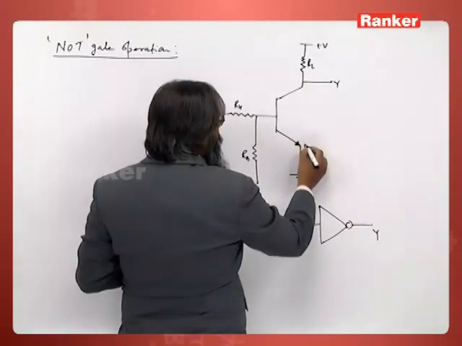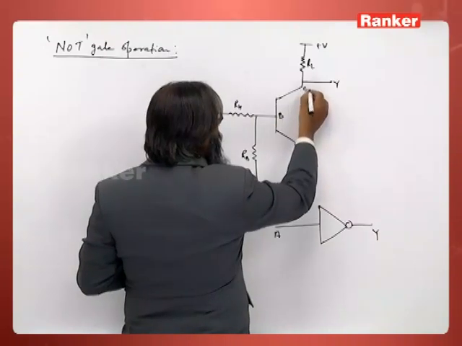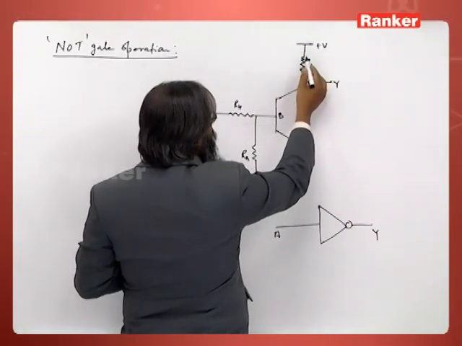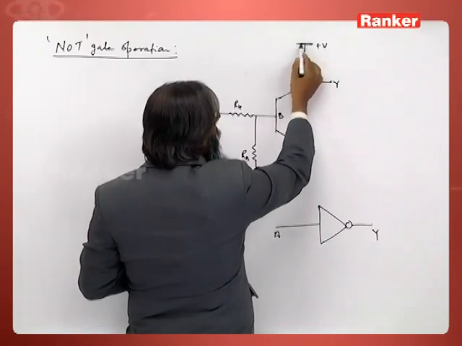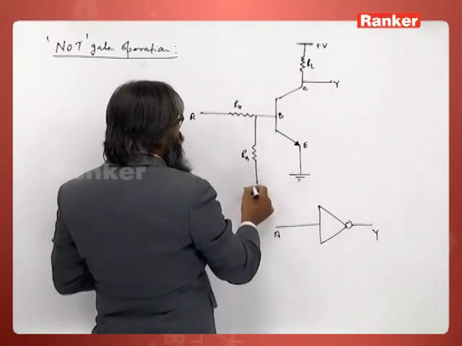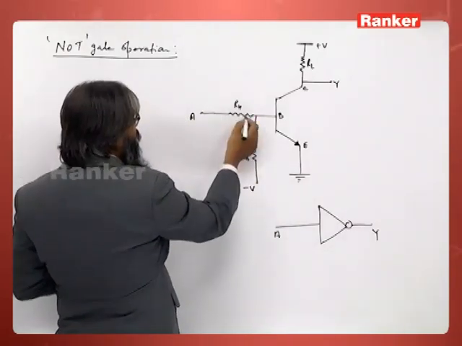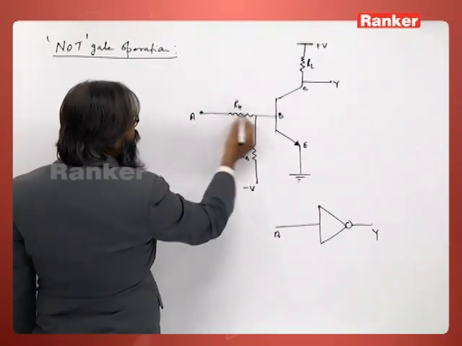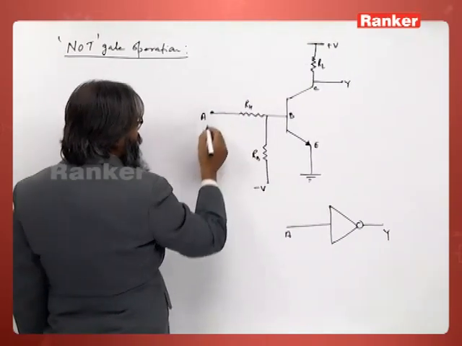This is the emitter, this is the base and this is the collector. This collector is connected to a load resistor which is connected to plus V volts. Here is R base which is connected to minus V, and through R the input signal is given to the base.